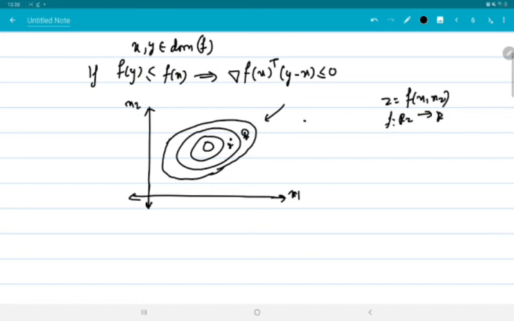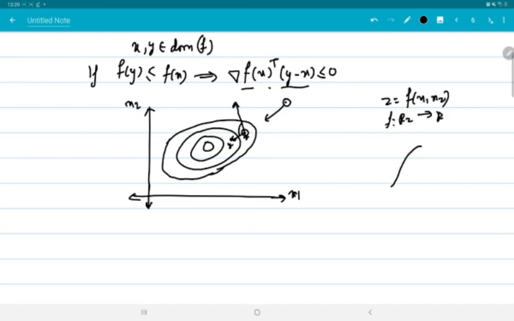If I represent it by a dot, the angle between the normal and this y minus x is obtuse. This is my normal and this is my y minus x. So this angle is obtuse.